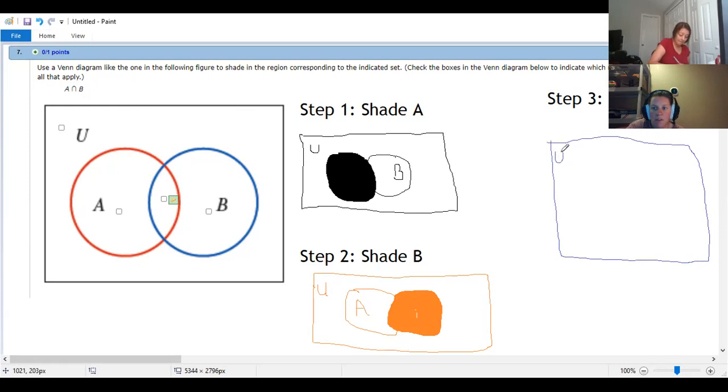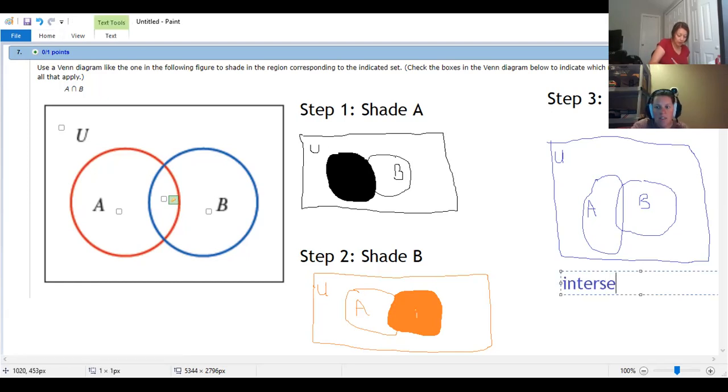So universe, A, B, and so I have an intersection. So intersection means that we want the overlap between step 1 and 2.